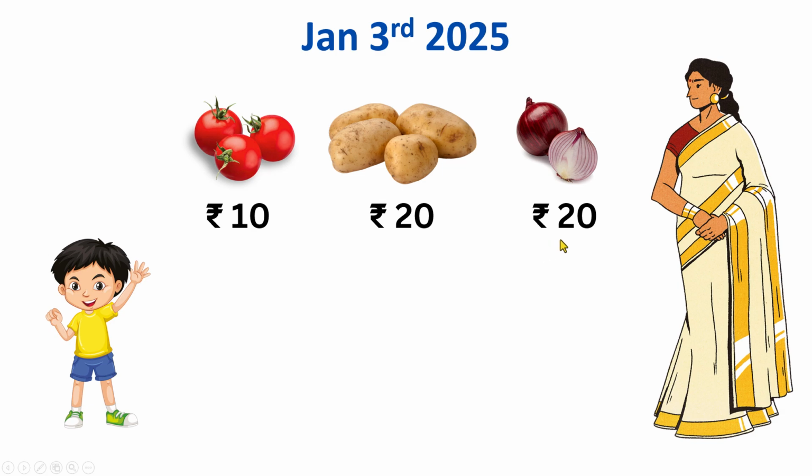Or, once again, you can sum this up and say, today it is 50 rupees. So 10 plus 20 plus 20, 50 rupees. So your mother comes to know that the value has changed and it is 50 rupees on January 3rd.